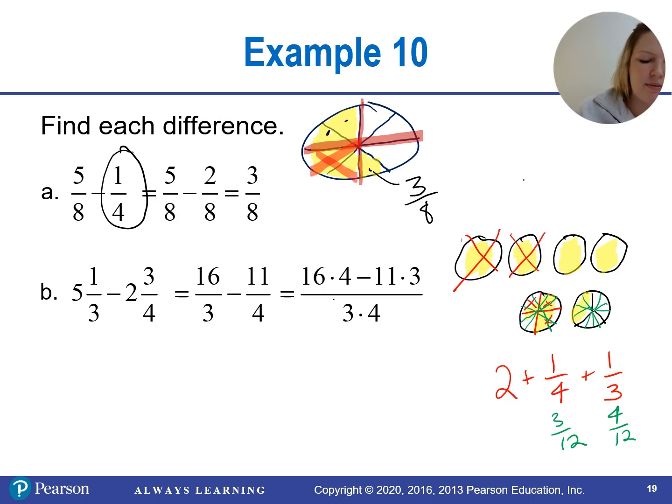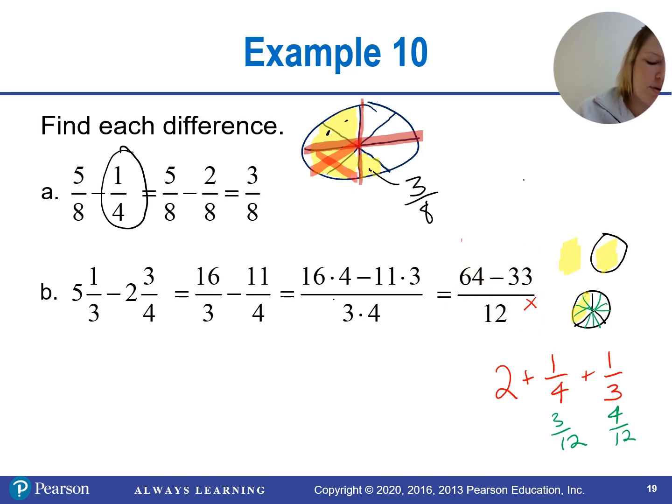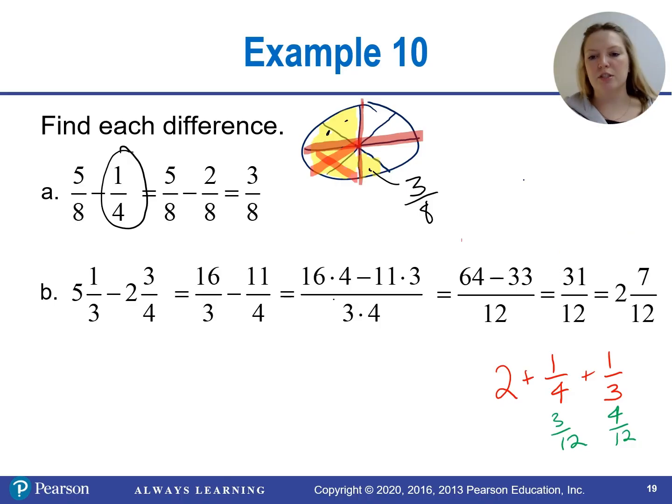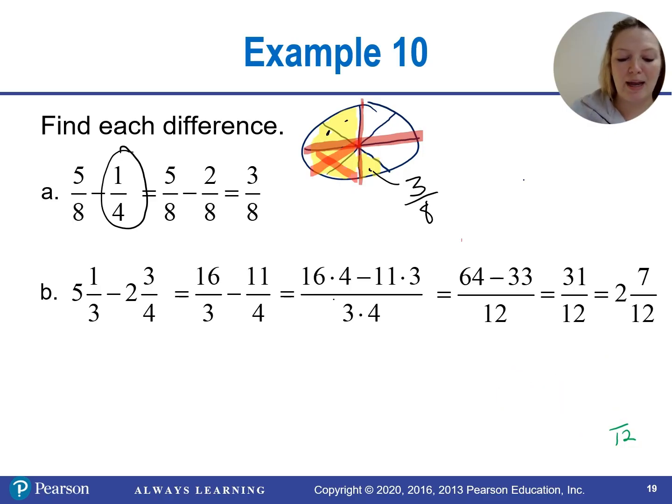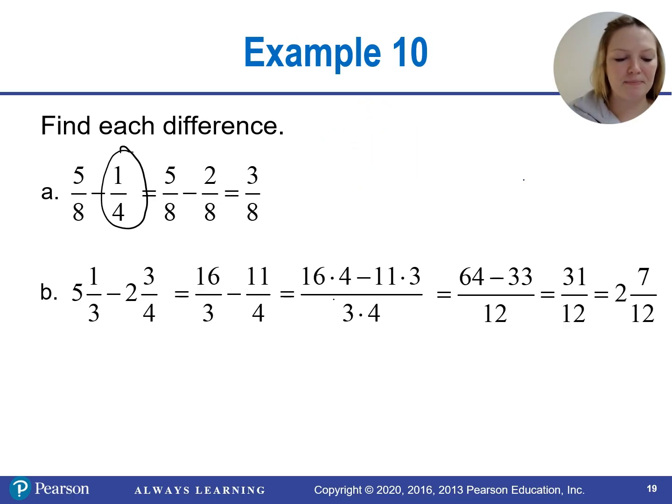So 16 times 4 minus 11 times 3 over 3 times 4 would leave me with 64 minus 33 over 12, or 31 over 12, which is the same as 2 and 7/12. I personally think the way I did it makes more sense, but this is using that formula, if you prefer.